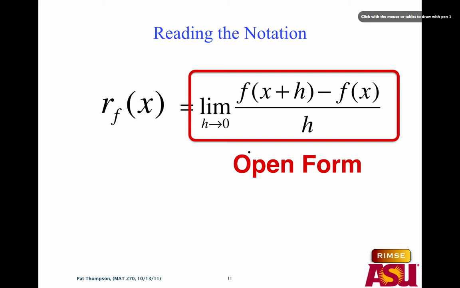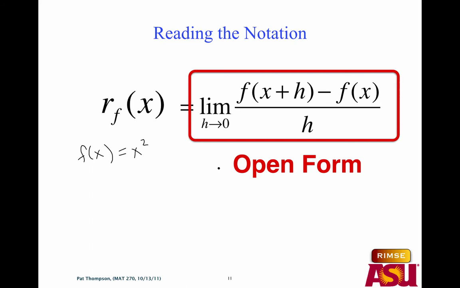Now, what we're going to discover really soon is that you can oftentimes simplify this into something really nice and compact. If my function f of x was x squared, it would be really nice if I didn't have to write that the rate of change is the limit as h goes to 0 of x plus h quantity squared minus x squared all over h.